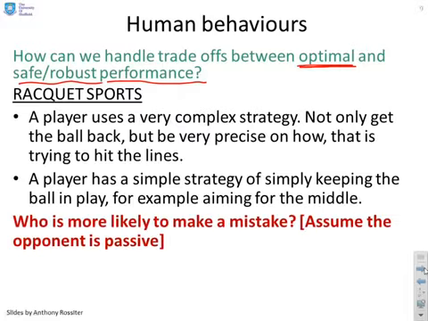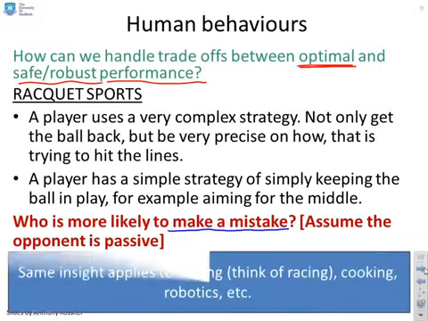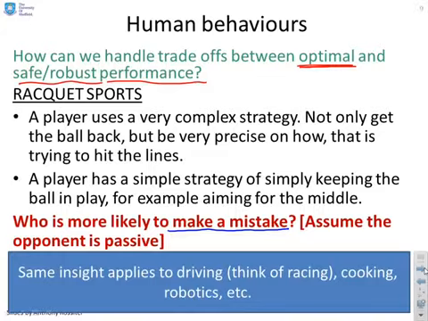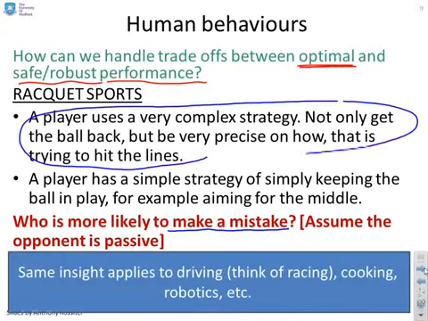Now, who's more likely to make a mistake? And we're going to assume here that the opponent is passive. And of course your answer will be that the person who's adopting a more complex strategy is more likely to make a mistake, more likely to come unstuck. So in other words, their strategy is less robust.